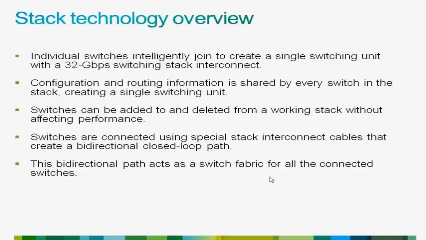Now, let's say you have two 3750s connected with the help of a proprietary cable called a stack cable. Then those two switches will act like a single entity. When I say single entity, one of the switches will be considered the master. The other switch will act like a member, and any control plane traffic will be taken care of by the master, and the data plane will be taken care of by both the switches. Now, let's say we have a stack already in the network, and what all things should we remember, right?